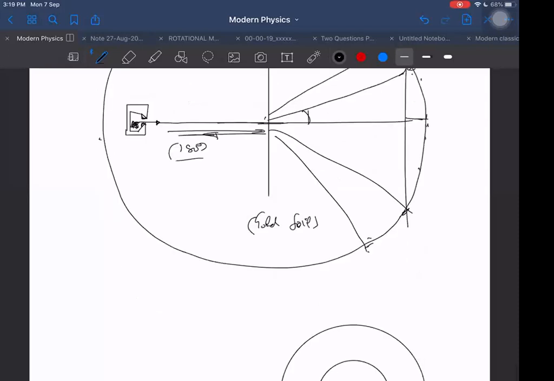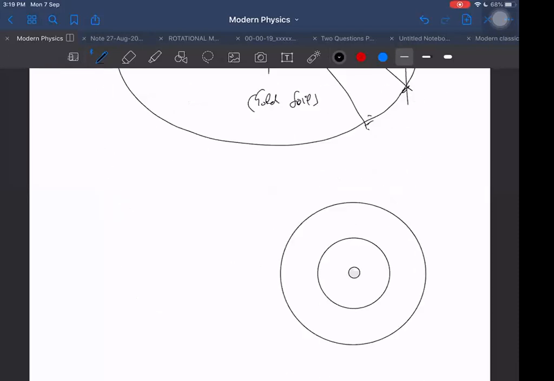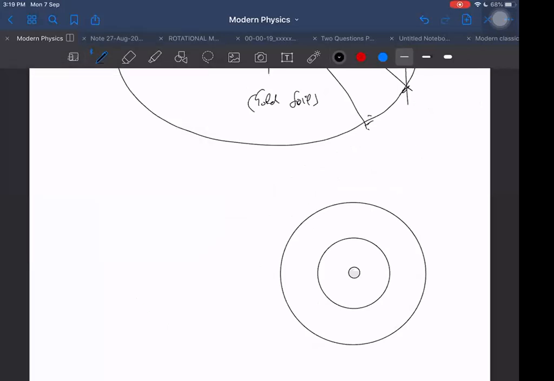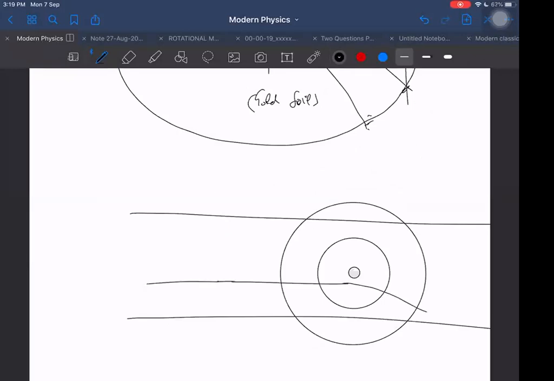By this he concluded that the nucleus is very tiny, in which the entire positive charge is there. It occupies a very small volume as compared to the total volume of the atom. Therefore, most of the alpha particles go undeviated. The ones which go very close to the nucleus will be deviated, but most of the others which go very far away from it will be undeviated.